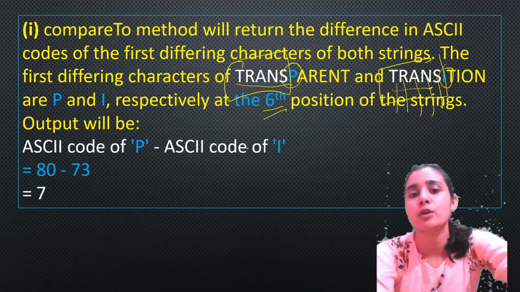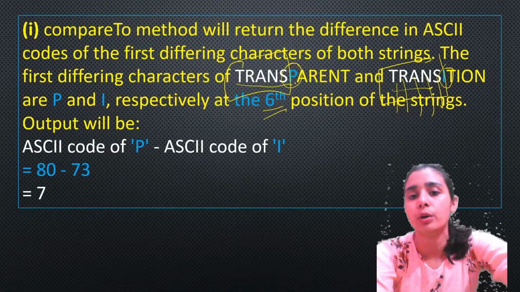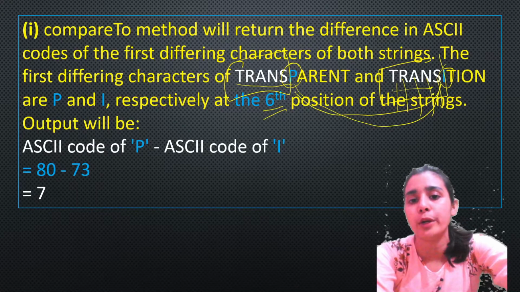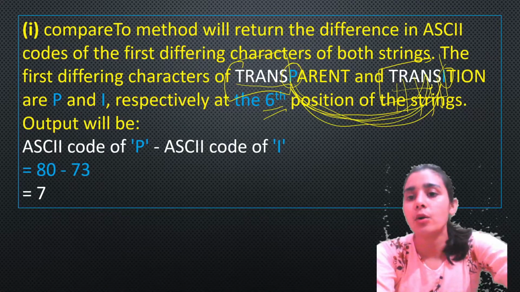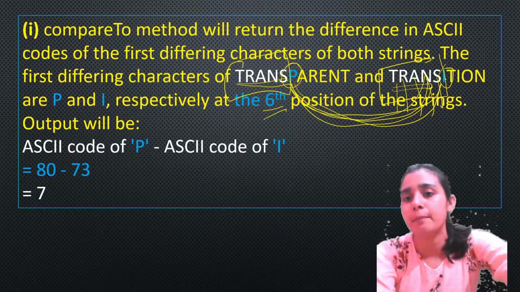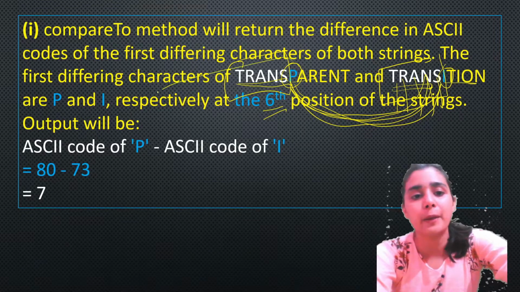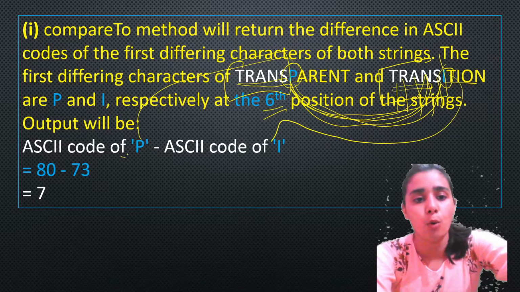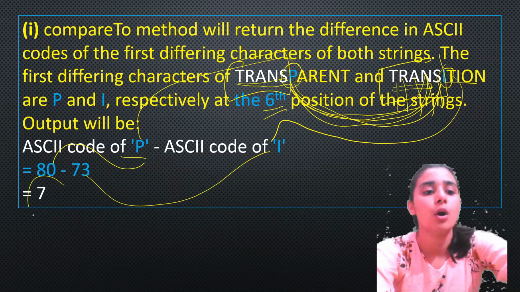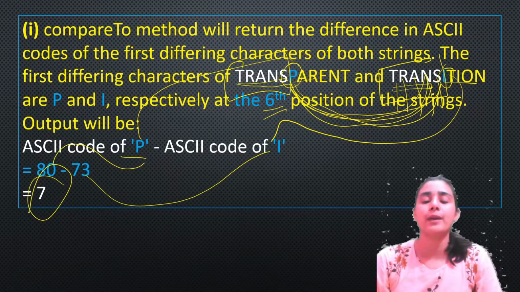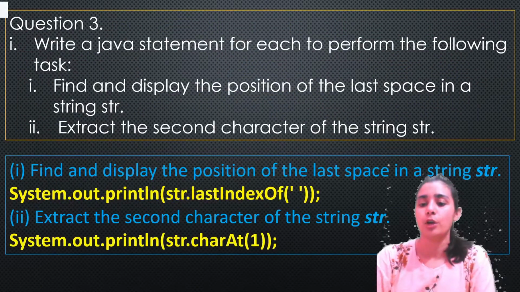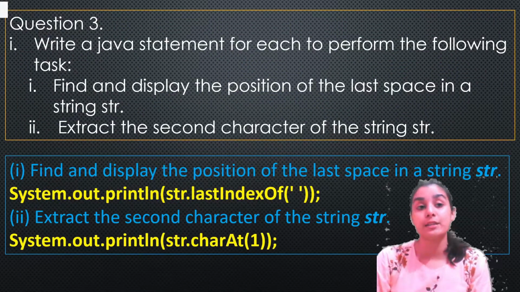I have written 6 here because I'm not considering 0. Till here it was the same, but now it is not. So I just pick this P and I, take the difference of both ASCII values, and we find our answer, that is 7. So this is how we have done it. Moving to the next question now.